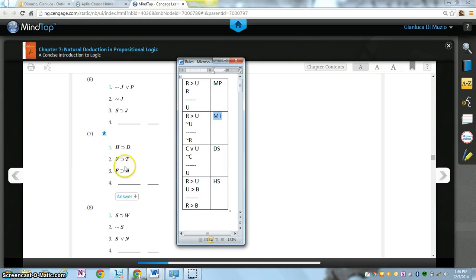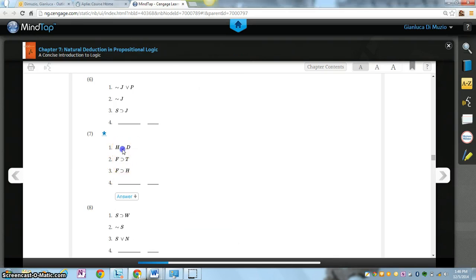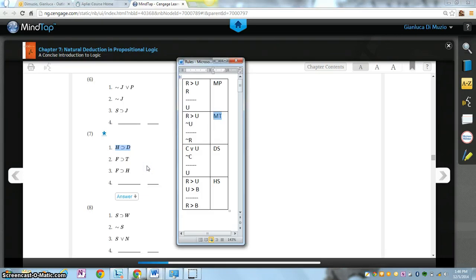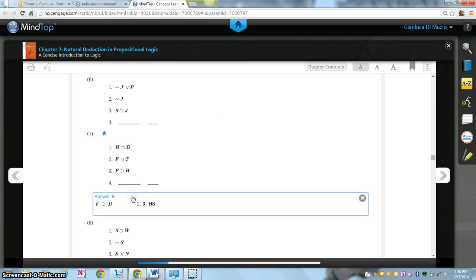If F then H and if H then D, they entail if F then D. So what you would put on line 4 is if F then D, you would justify it as 3-1 hypothetical syllogism or 1-3 hypothetical syllogism. It doesn't matter in which order you list the lines.